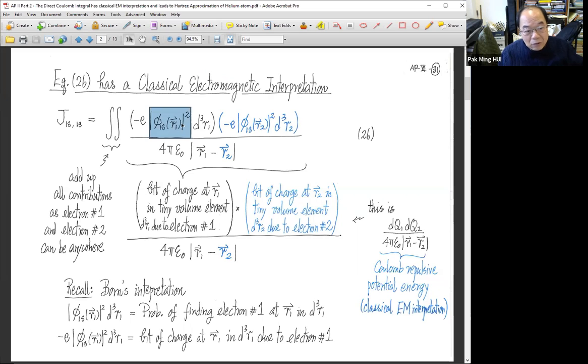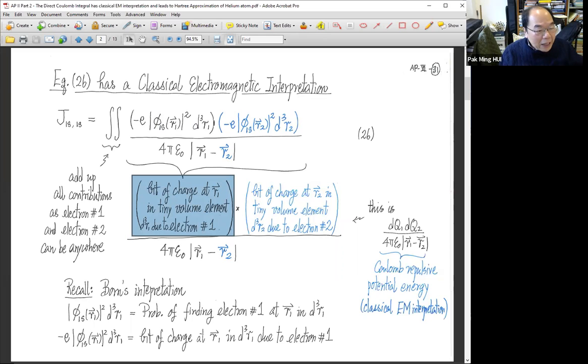Okay, so quantum mechanically, this is the probability of finding that electron there, and times minus e is that bit of charge due to electron 1 at that location. So formally, the first bracket, I interpret it as that.